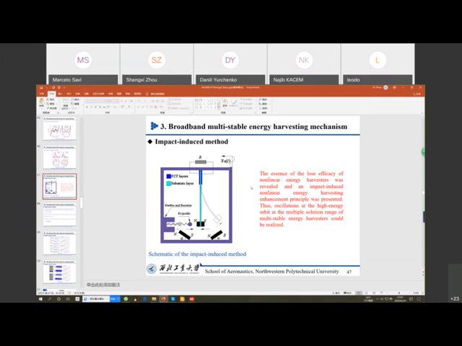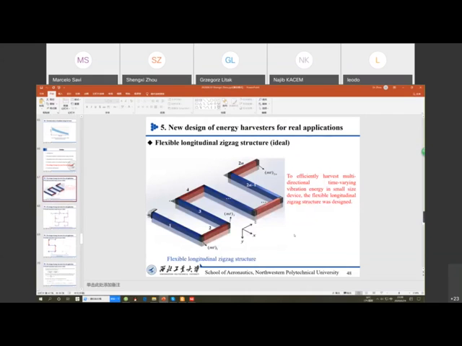You're welcome. So, thank you for this talk. It was a very nice presentation, and I would like also to give one more comment. For example, to the zigzag structure, I think this zigzag structure can be also extended to a kind of metastructure, because this kind of structure is very periodic.